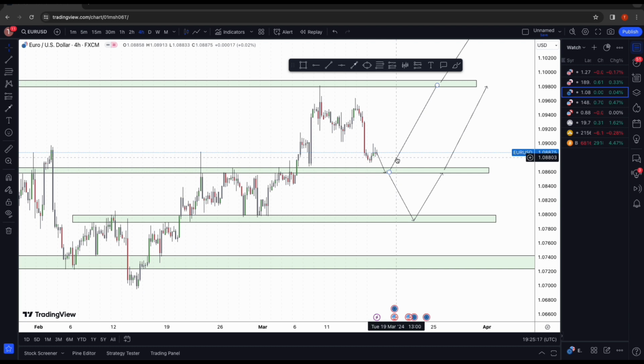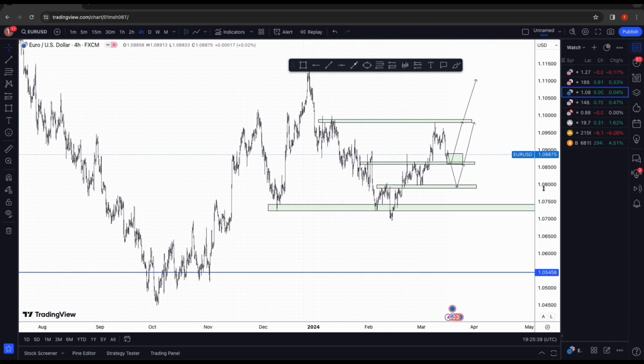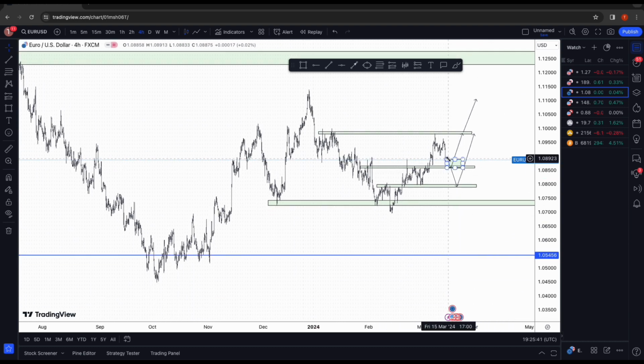So you might find that price could accumulate around this sort of area, up and down around here, in an accumulation zone, before it moves in either direction. Okay, so again, overall bias is buyers, but some short-term shorts.